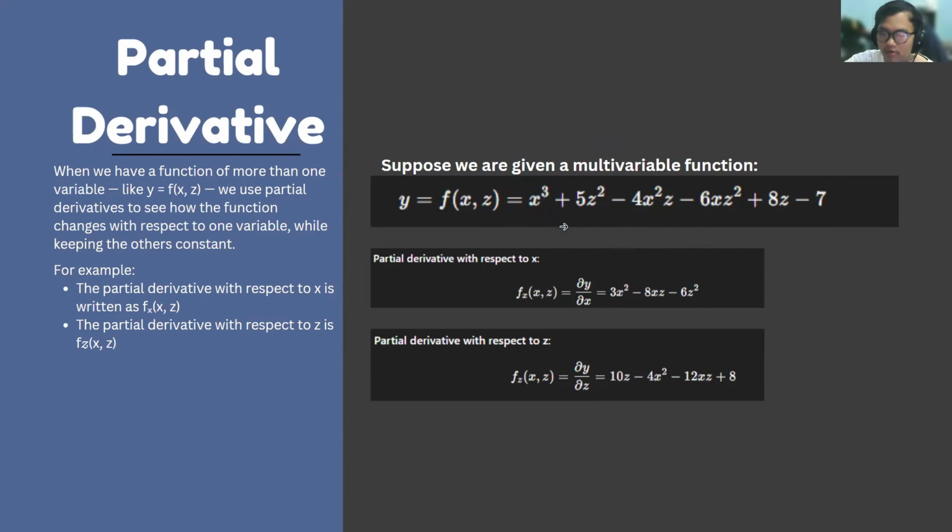Like in derivative, the number 3 we place before the x, and then we get 3, and because of that 3 minus 1 equals 2, so we get 3x to the power of 2. Why don't we use the 5z to the power of 2? Because it is included in the partial derivative with respect to z, since it has z and doesn't have x.